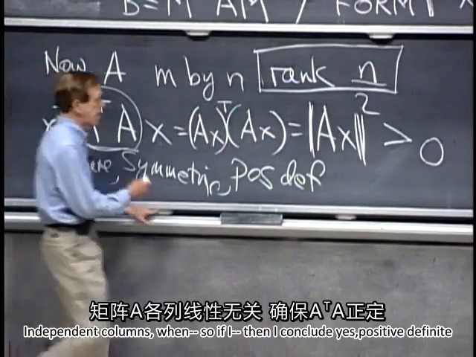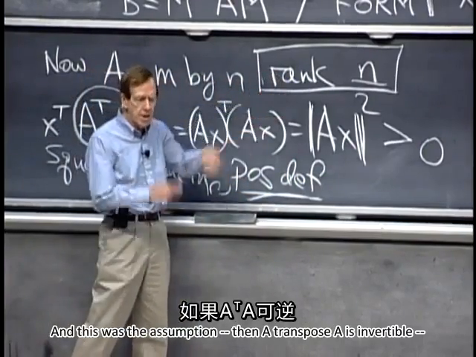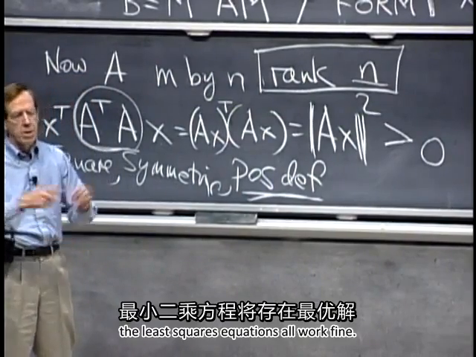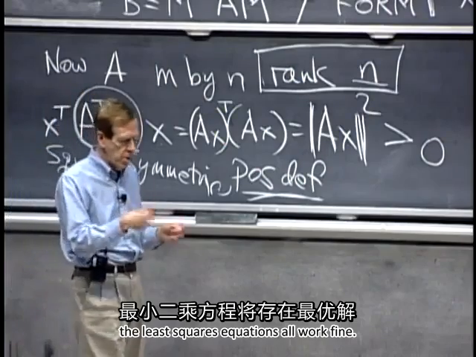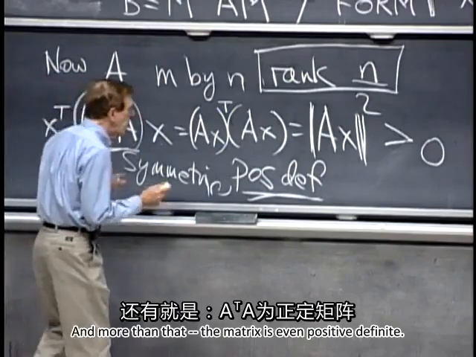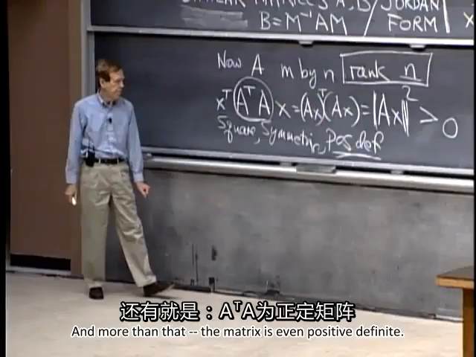Then I conclude, yes, positive definite. And this was the assumption that then A transpose A is invertible. The least squares equations all work fine. And more than that, the matrix is even positive definite.